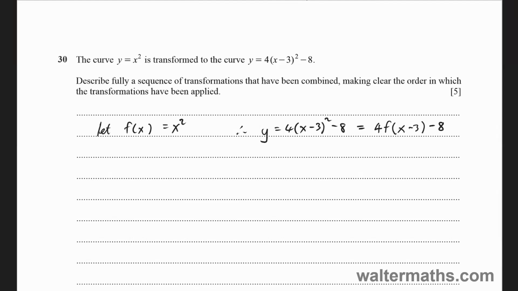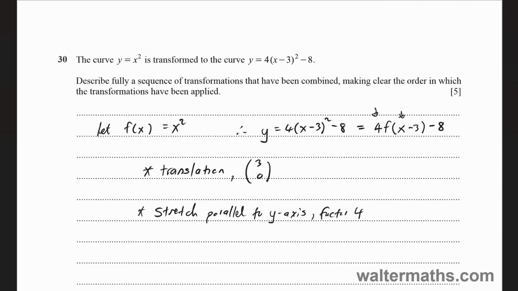All right, so which transformations are going on? Okay, we start from inside the bracket, and we have minus 3 representing a translation of vector (3, 0), right? Then we go outside where we have a stretch parallel to the y-axis and factor 4.